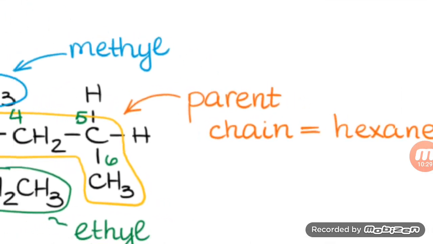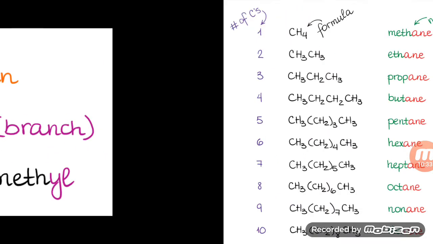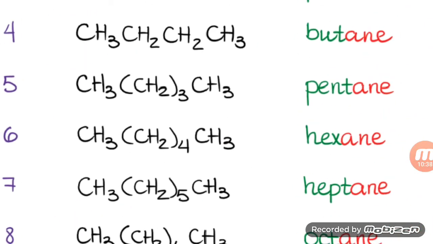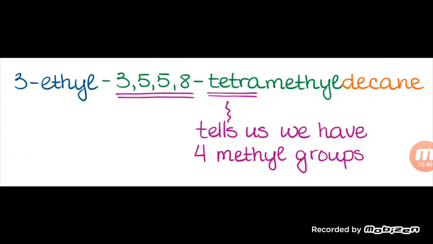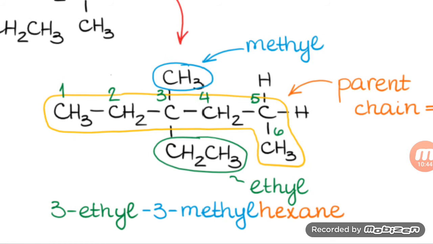It's having 6 carbons, so as I have given you the whole table, any alkane having 6 carbons is called hexane. So this is hexane, and hexane is having two substituents, 3-ethyl 3-methyl.